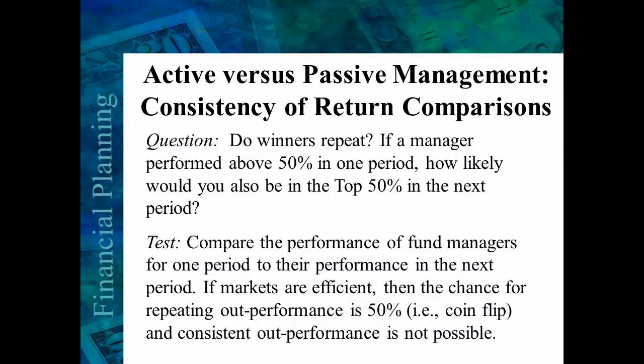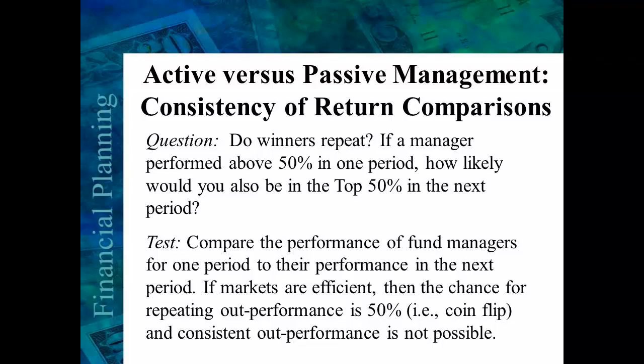A retort to the results found when comparing active versus passive performance is that there are consistently good and bad managers. Just give your investment dollars to good managers, and you can outperform the passive index. This retort leads to a very logical question and test. The question: do winners repeat?